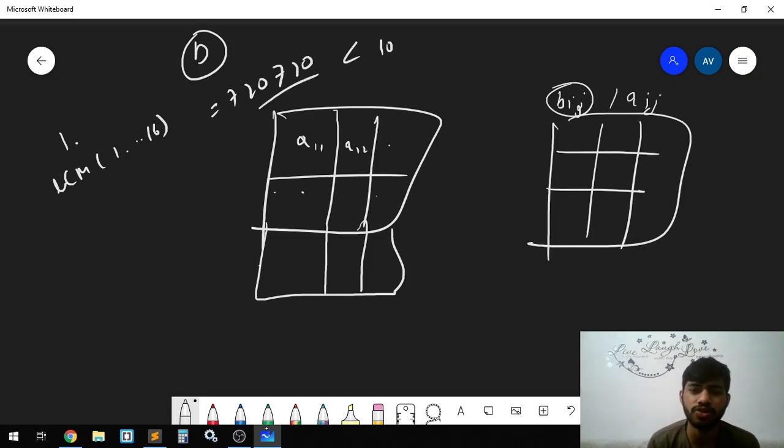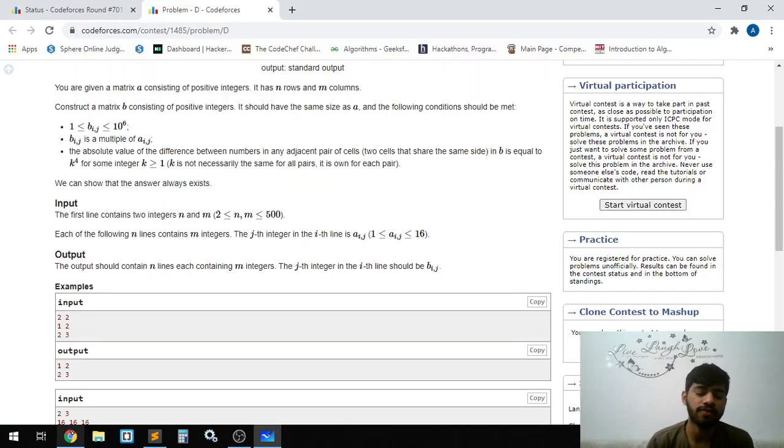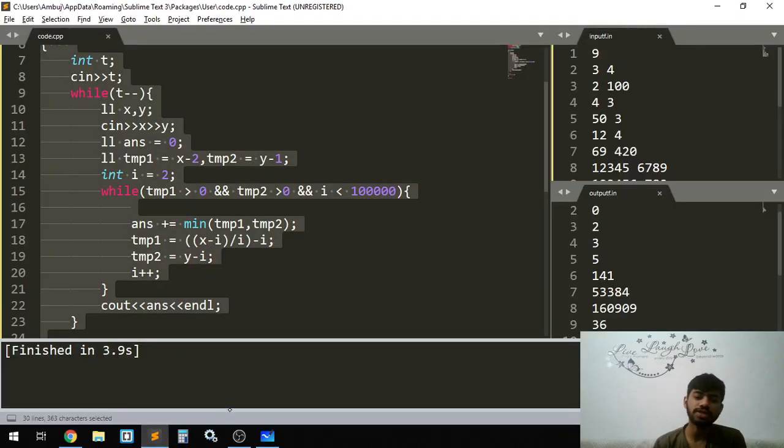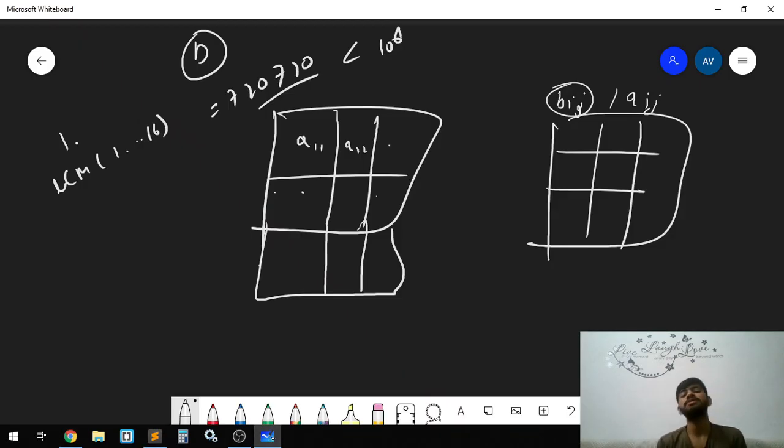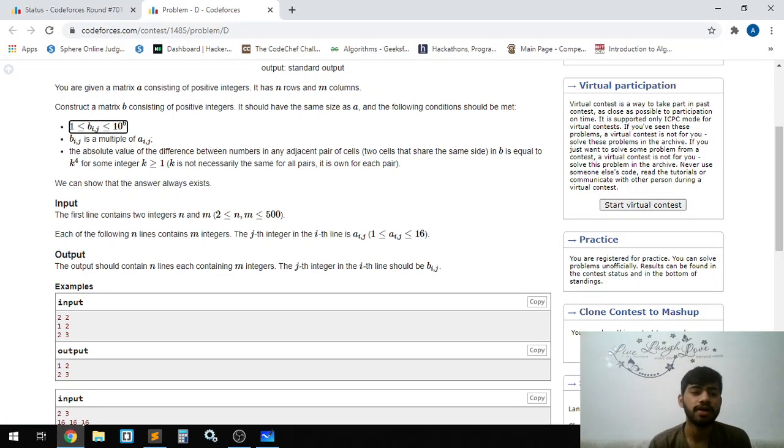It is less than 10 to the power 6, which is one of our conditions, that b of ij must be less than 10 to the power 6. So now we can put 720720 in all elements of our b of ij. Now our first condition is satisfied, that it must be a multiple of a of ij.